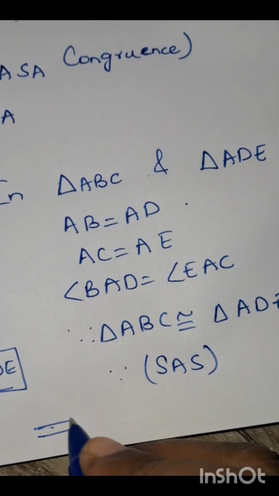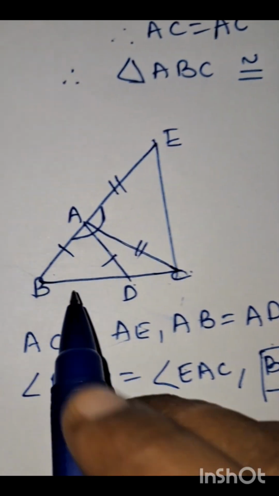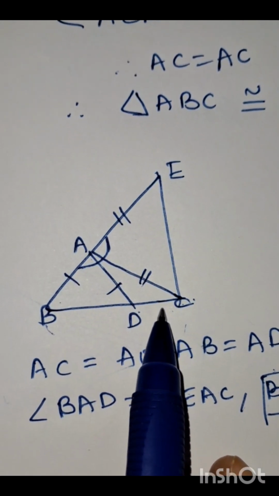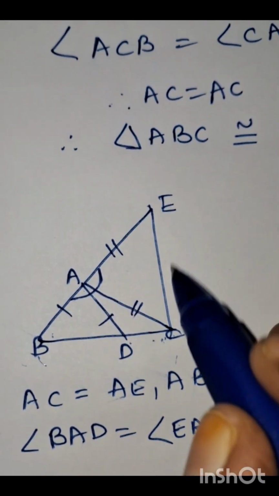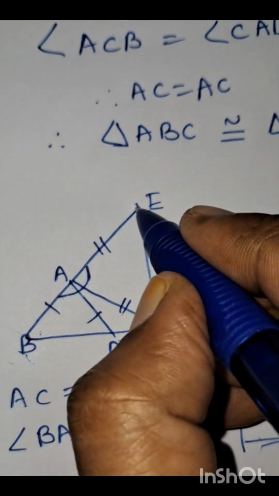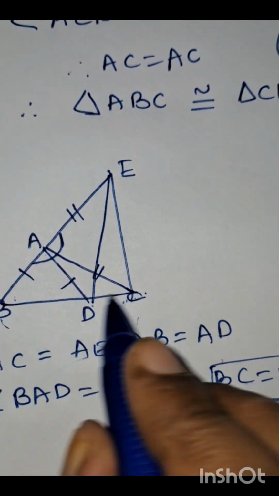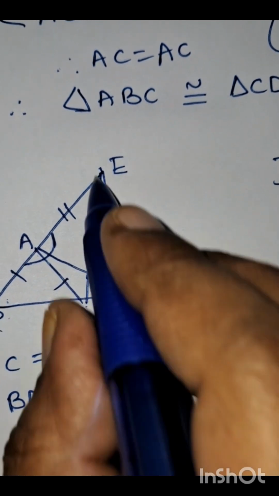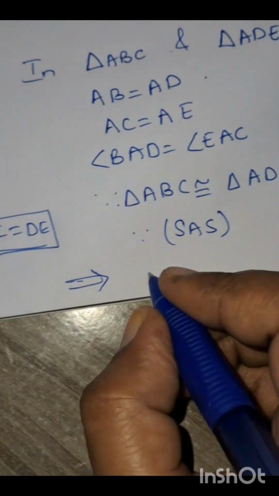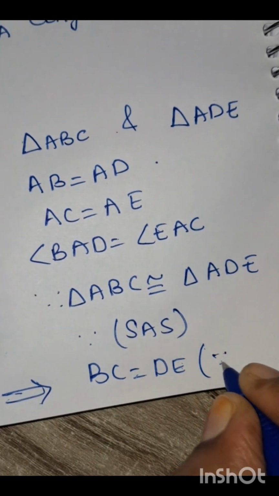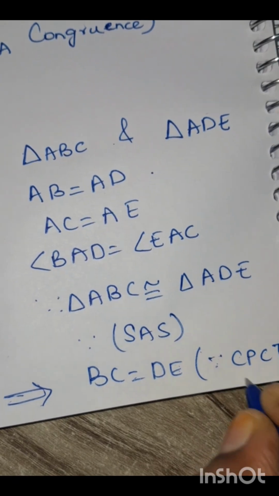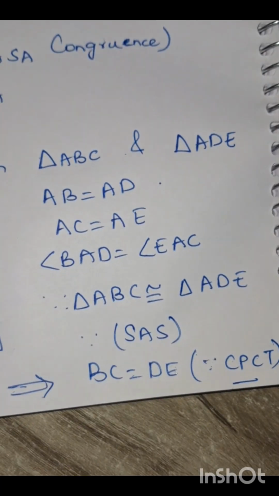And if they are congruent to each other, you can see BC is equal to DE by CPCT, corresponding parts of congruent triangles. So this is nothing but your answer.